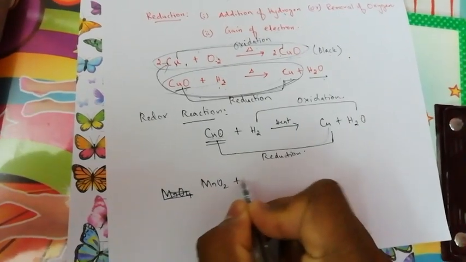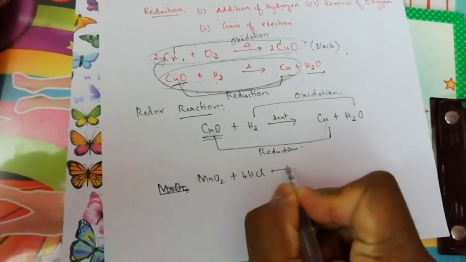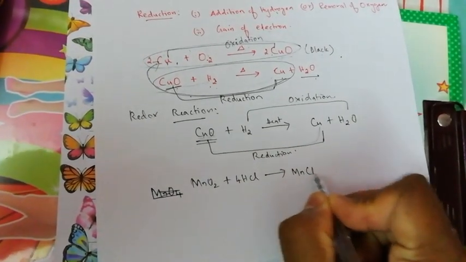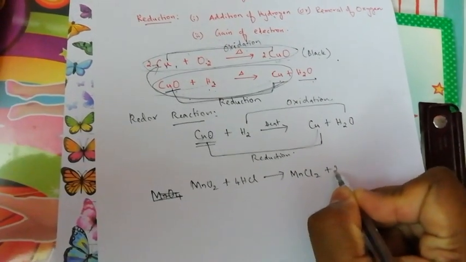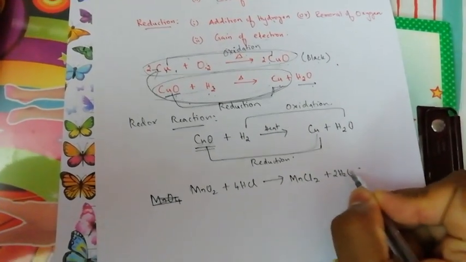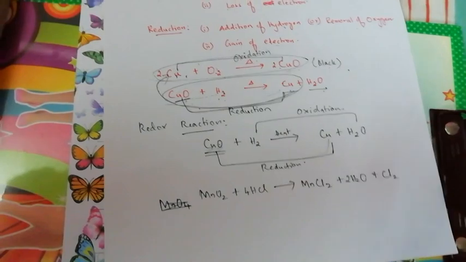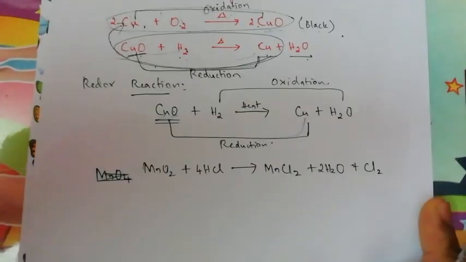MnO2 plus 4HCl gives MnCl2 plus 2H2O plus Cl2. You can see the same reaction is given in your book also.